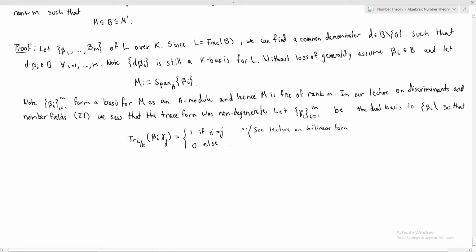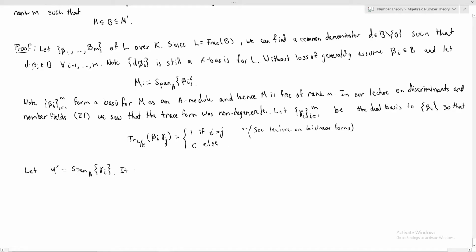Okay, so we've got our next candidate. We're going to let M prime be the A span of the gammas. Again, this is a free A module of rank m.